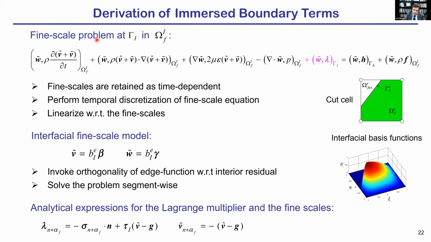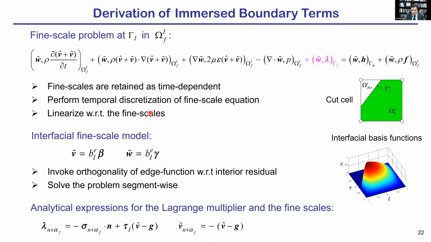All right, so as I mentioned, the fine scale problem at the interface, in the elements that are traversed by the interface, is given here. We are going to follow similar lines to what we did in the previous case. This time we are going to retain the fine scales as time dependent, because we want to have the fine scale fluctuations of the velocity field as well. So we are going to enhance the fine scale fluid model that we are going to use here.